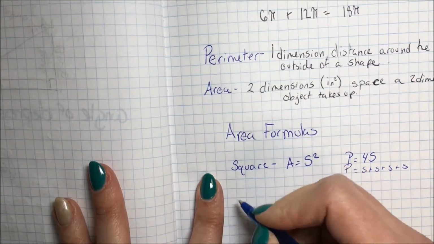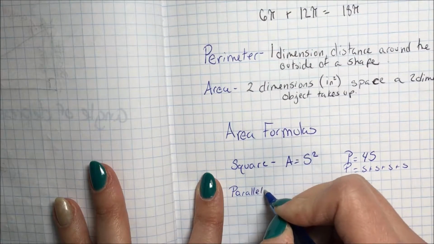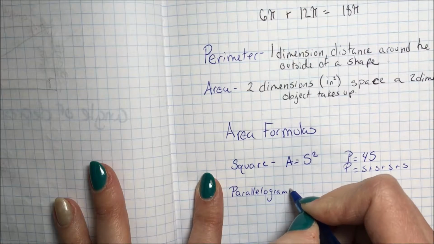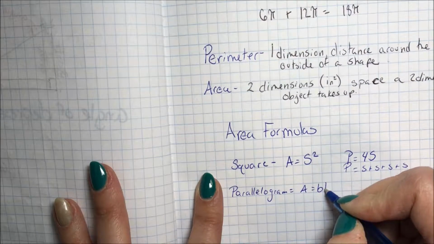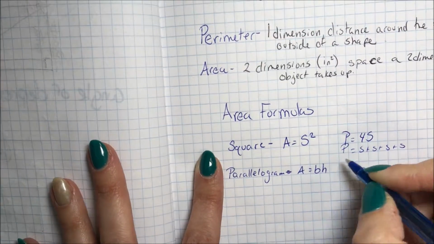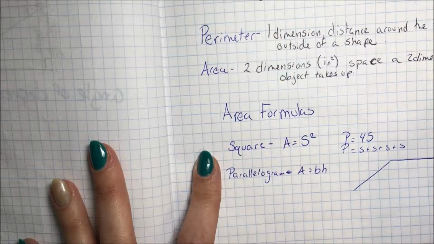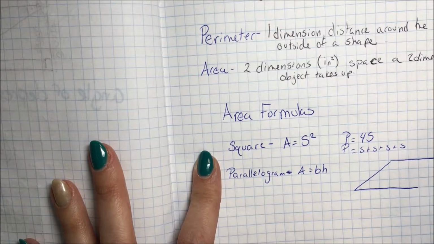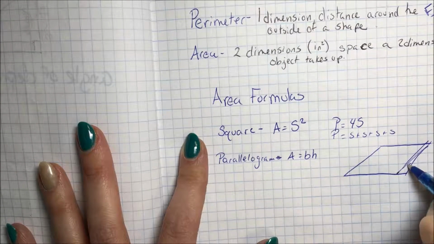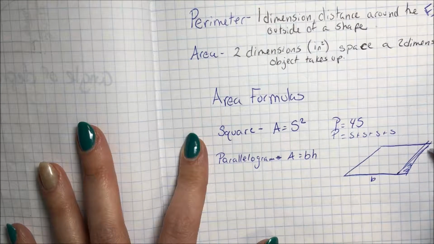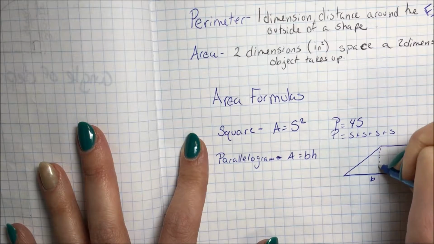In a parallelogram, the area is base times height. And the base of a parallelogram will always be whatever side is touching the ground. But the height is the distance from the top to the bottom.